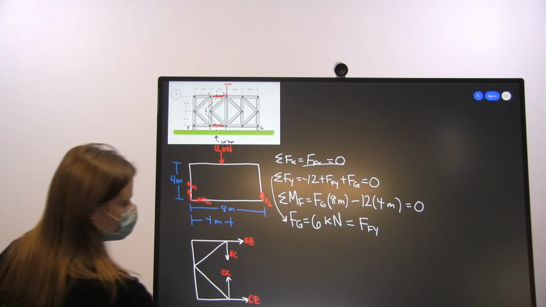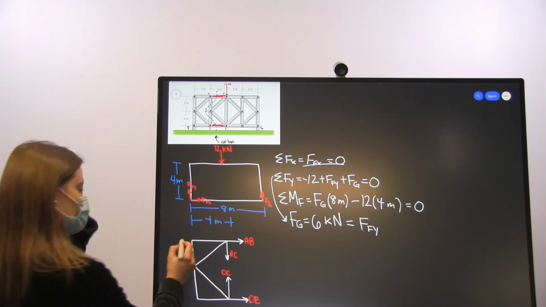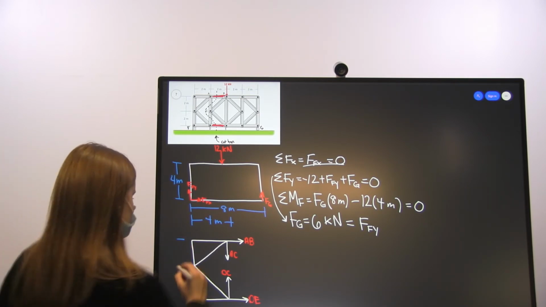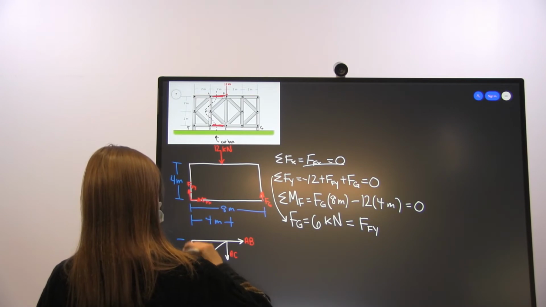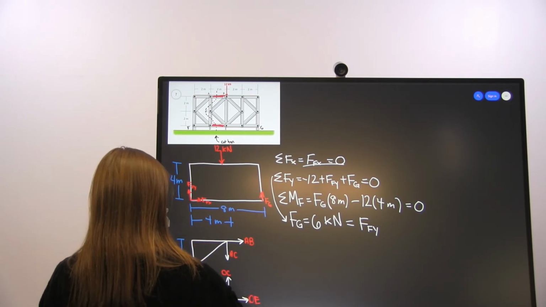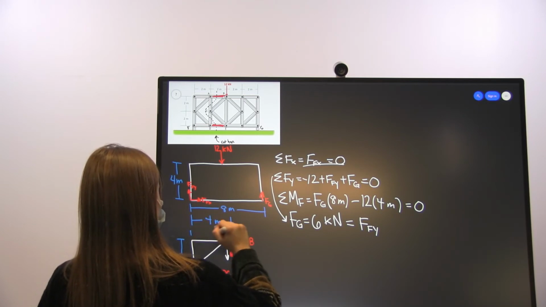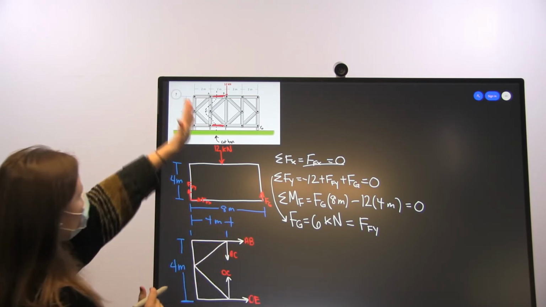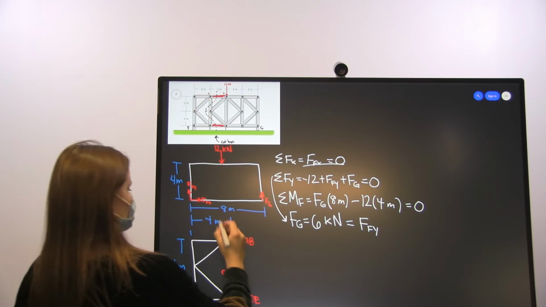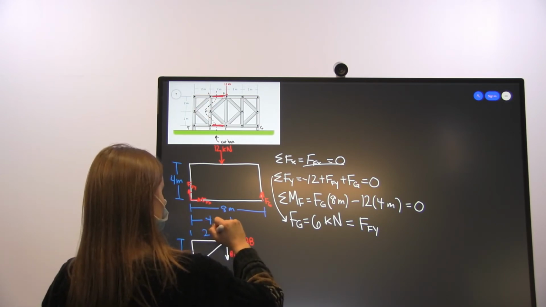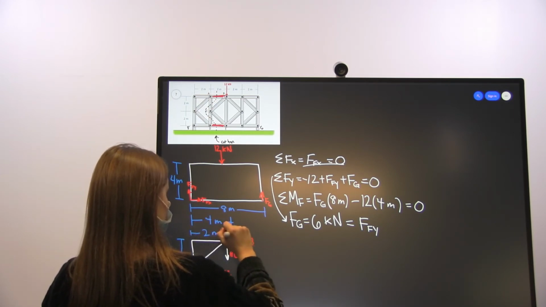And then from there, we know that this whole distance again is still 4 meters. And then from the far left side to the first member force is going to be 2 meters, like that.